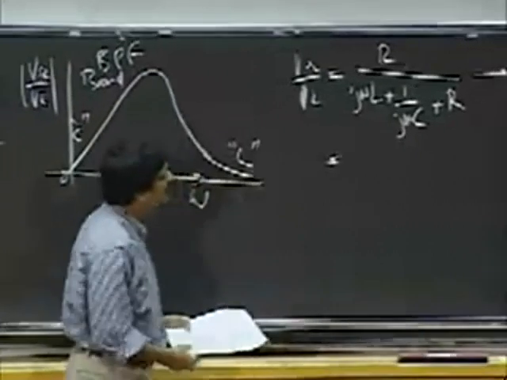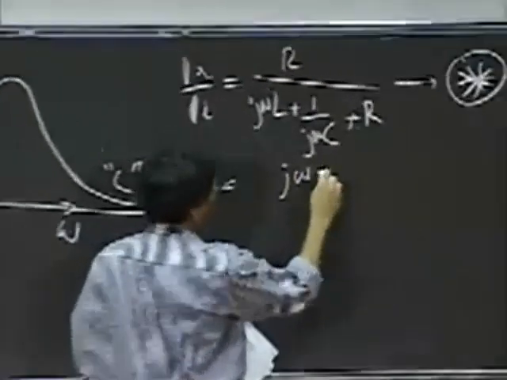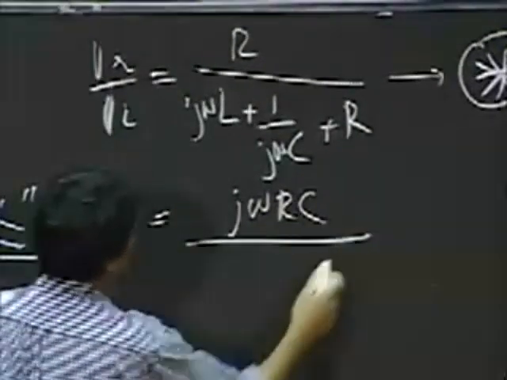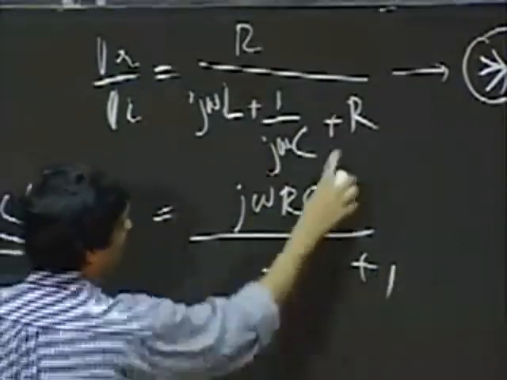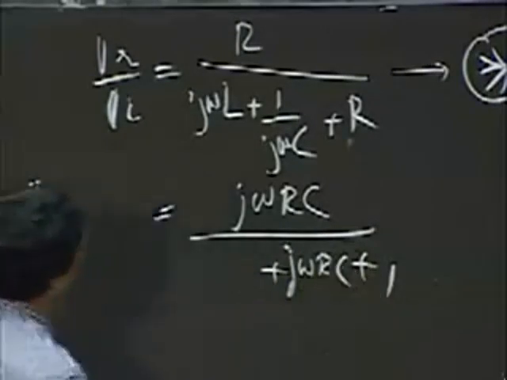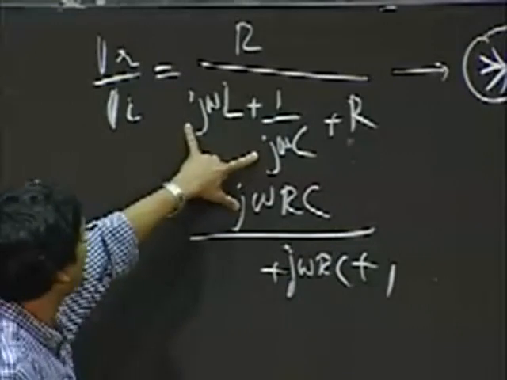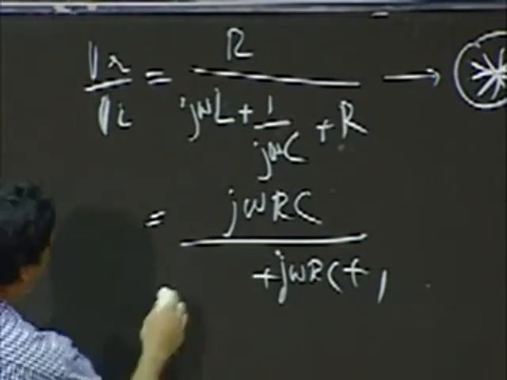I'm going to multiply throughout by j omega C, and what I end up getting is j omega RC divided by 1 plus j omega RC. And then here I get j times j is minus 1, so I get minus omega squared.